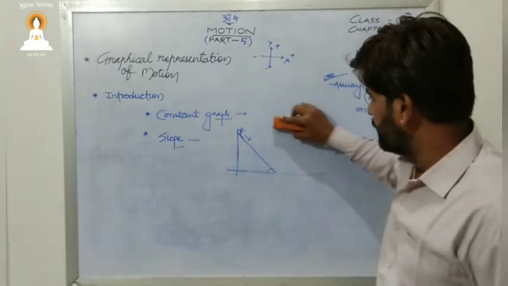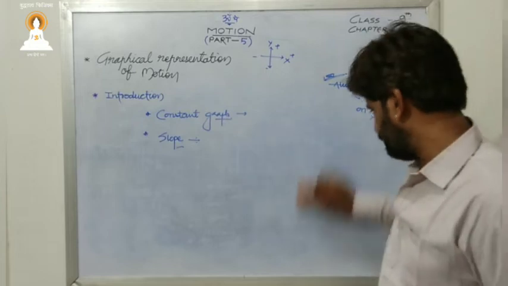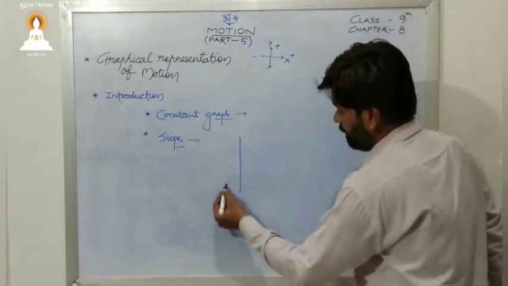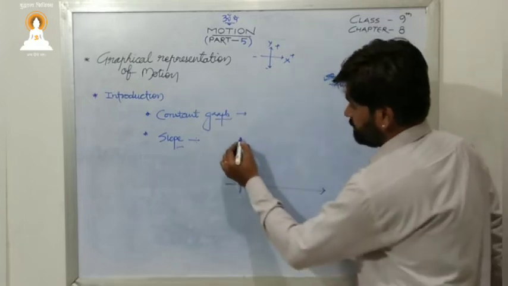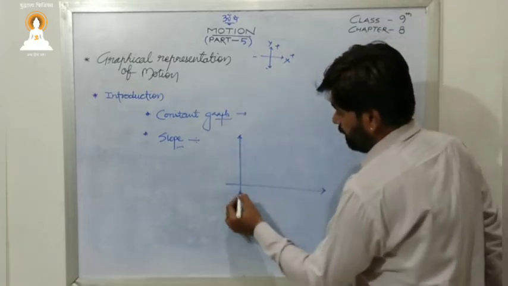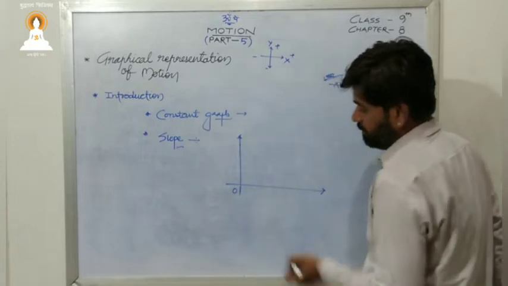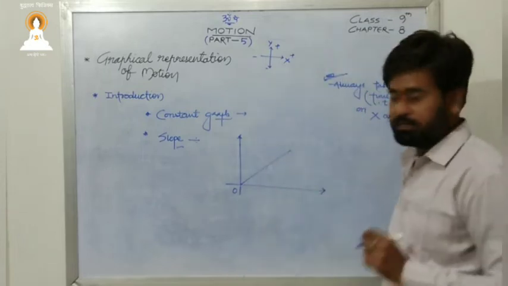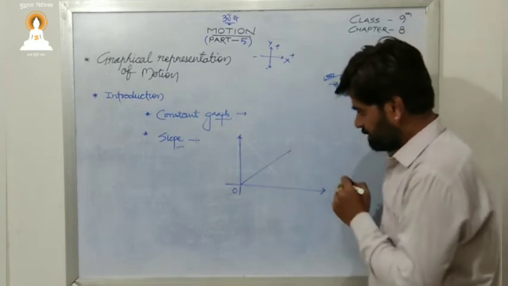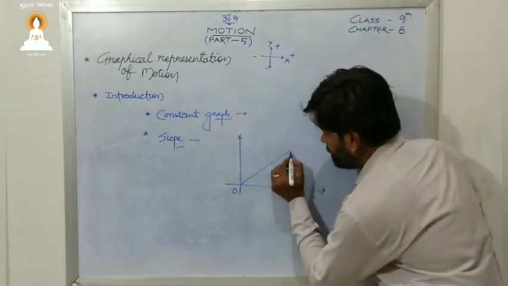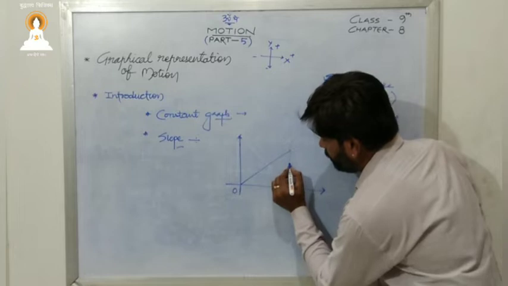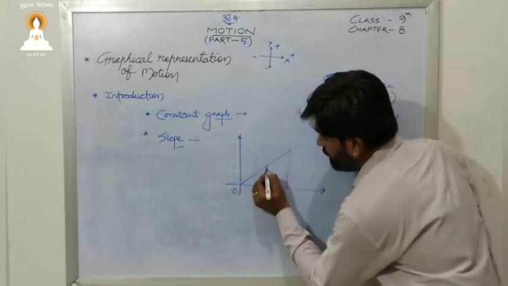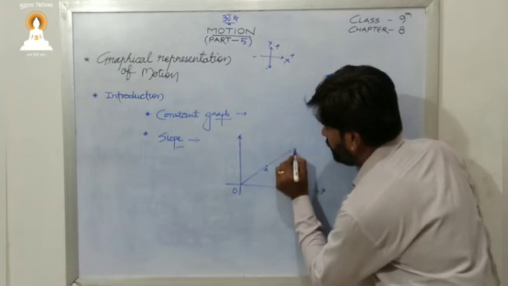So that slope is nothing but what? Suppose let us take a graph. Suppose this is the graph, in which this is the origin, and say the graph is like this. This is the general form. Now suppose I take a point A here and a point B here.